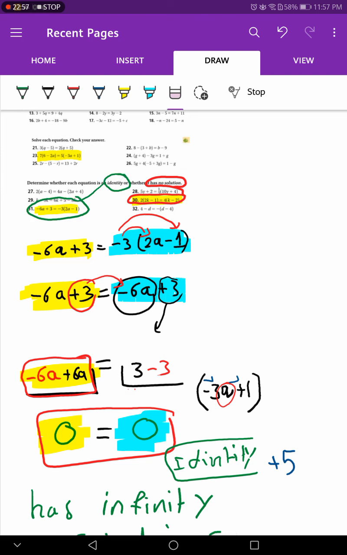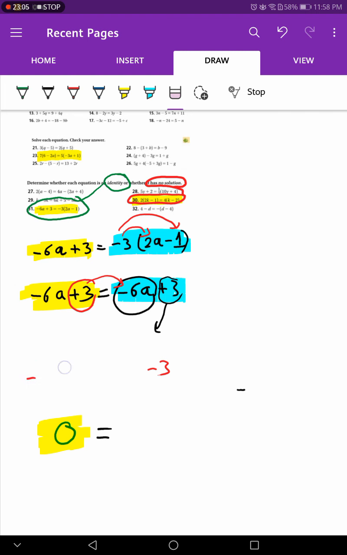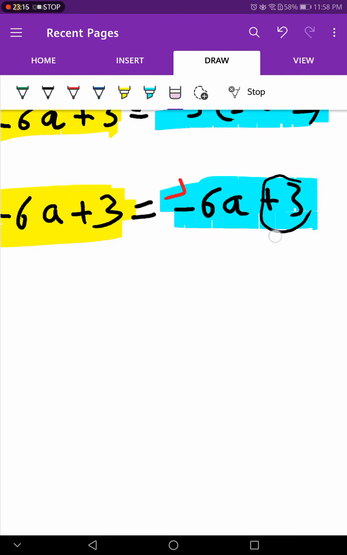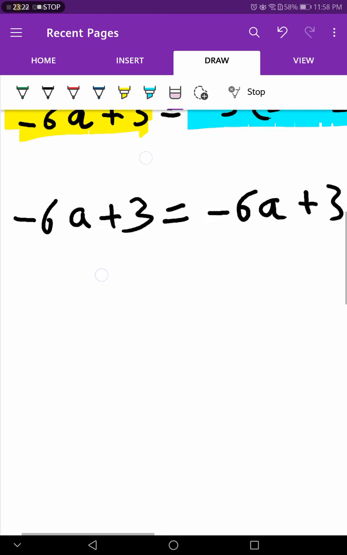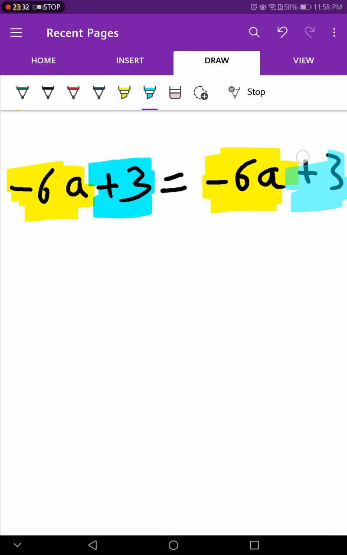And I will give you a very good piece of information. You can reach it without doing the solution, only by breaking the parentheses. Look at the left side and the right side, my dear student. It is negative 6a plus 3 on the left, and negative 6a plus 3 on the right.